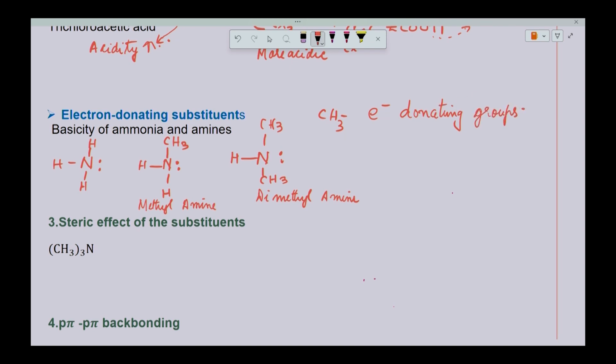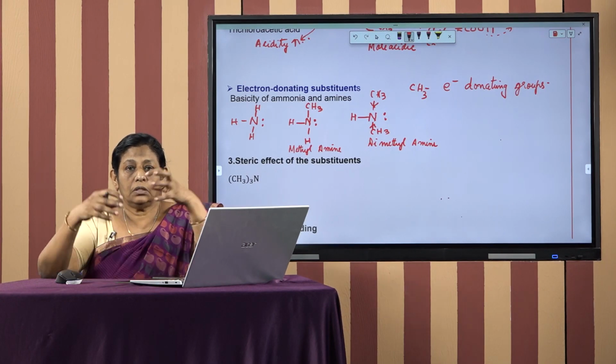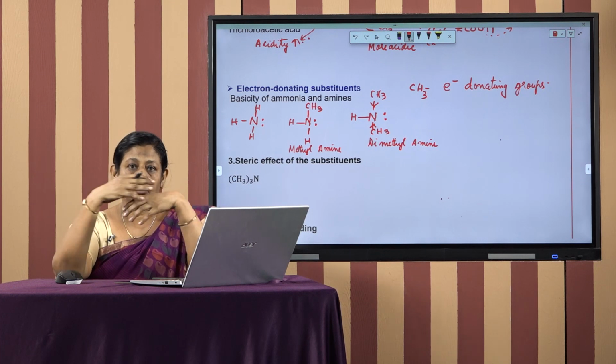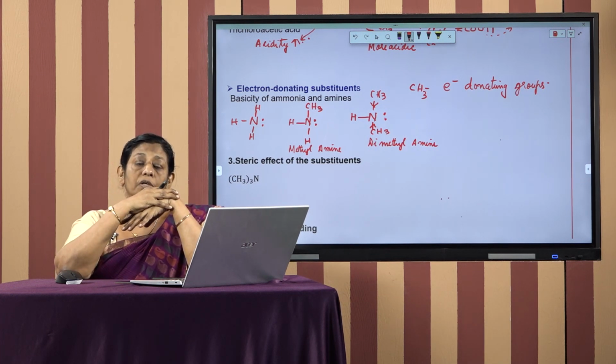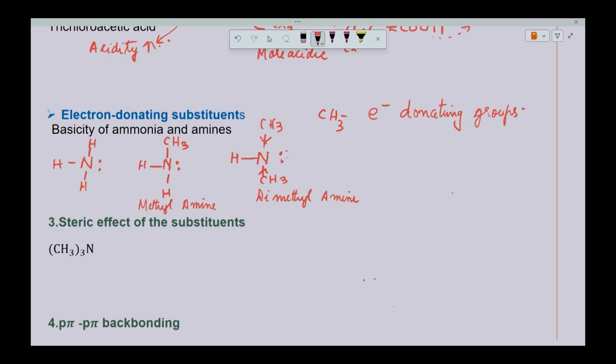Okay. Now, these groups donate electrons to nitrogen. Now, what happens is when they are pumping their electrons to the nitrogen atom, it will not feel the severe need of this electron pair, and this electron pair will be donated easily. So, here 2 groups are present.